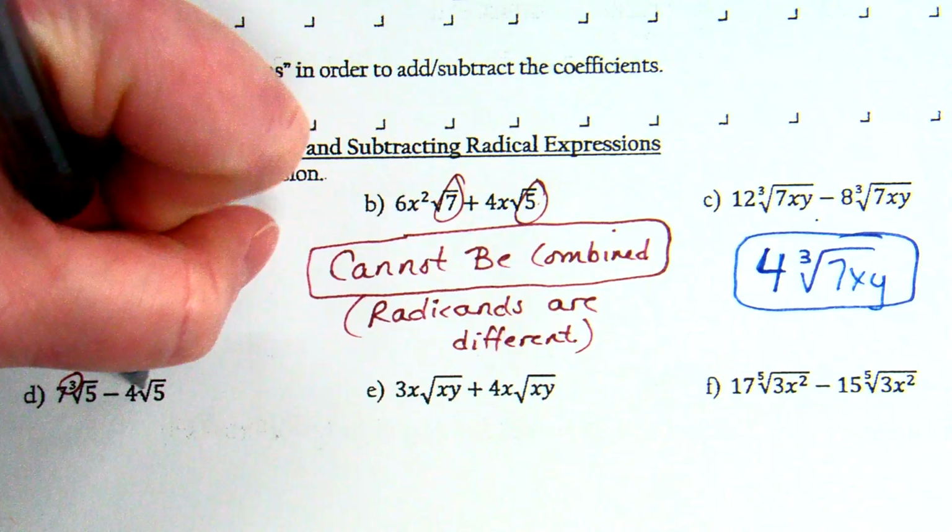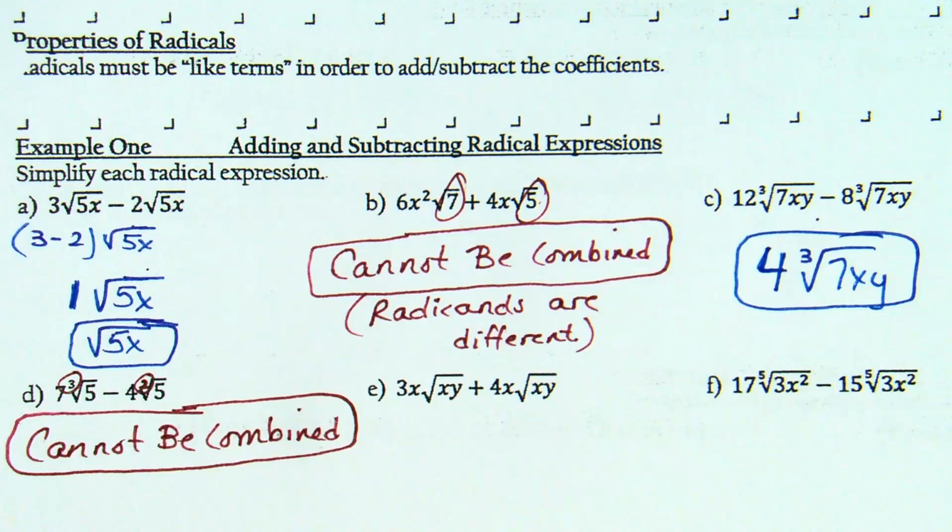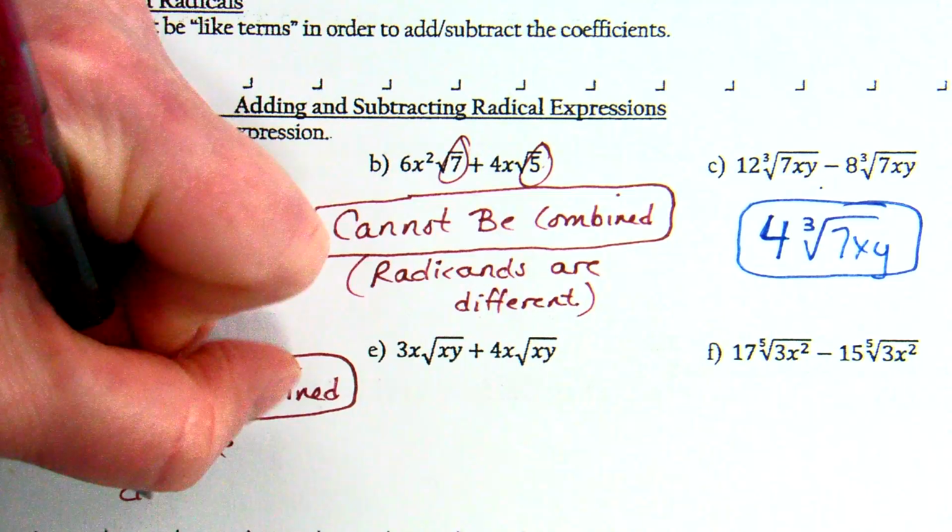These aren't the same type of root, so they cannot be combined. Do you remember the vocabulary for what that is? Radicand is the number under the radical. Index is the little number that refers to what type of root it is. So I'm going to say that the indexes are different.